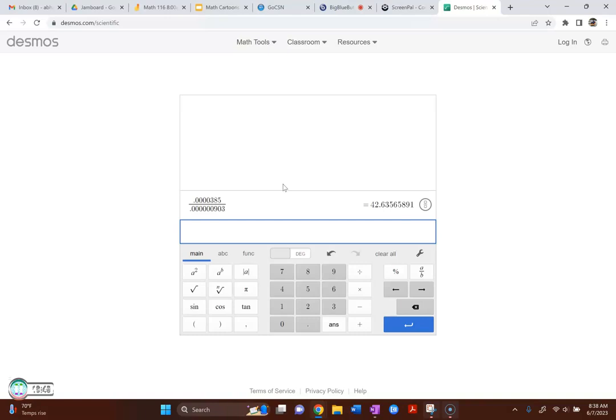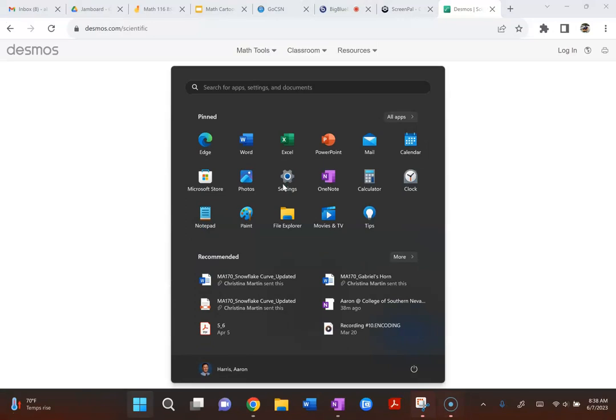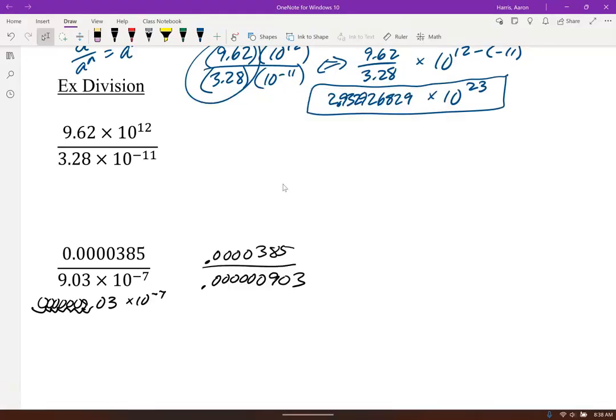Let me go ahead and write that down. And then we're going to put that in scientific notation here.